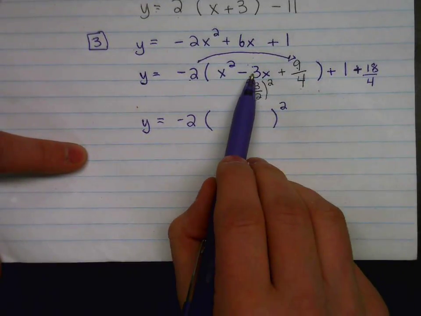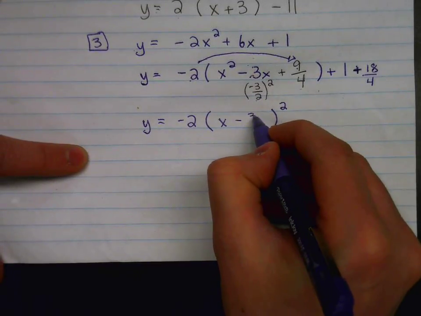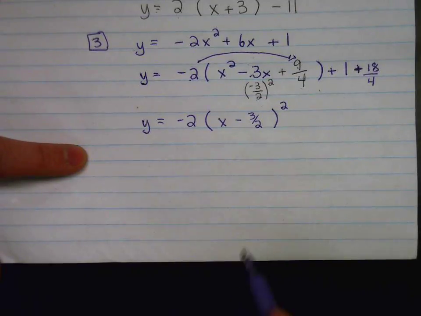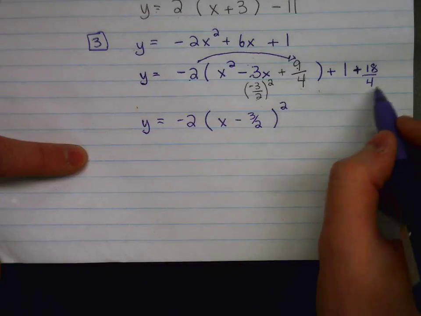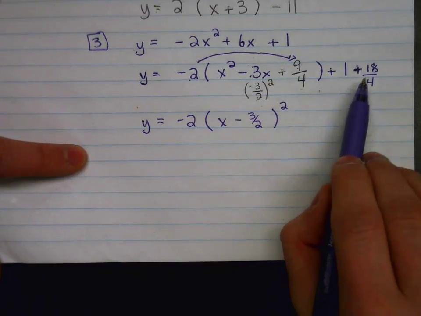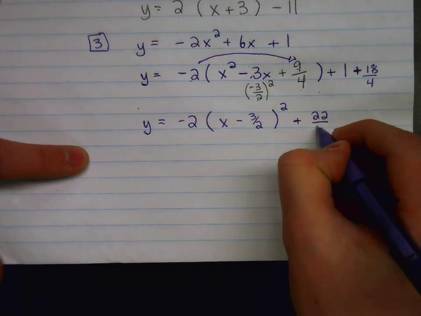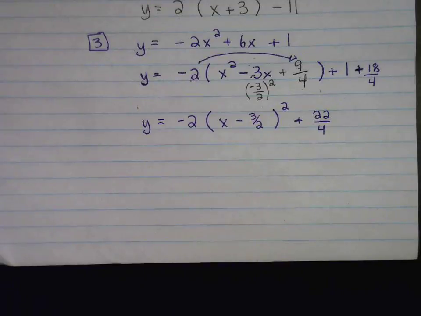Simply by taking this middle number, dividing it by 2, so -3 over 2 makes this our perfect square as a binomial squared. Cleaning this up on the right side is a 4 over 4 plus an 18 over 4 makes a 22 over 4. And that is completing the square in its most complex level.